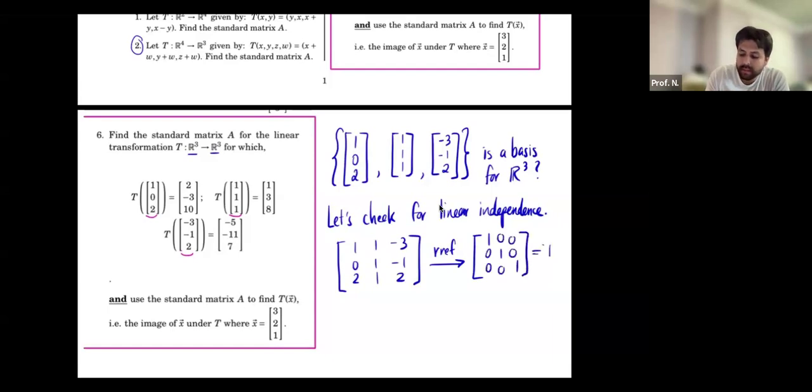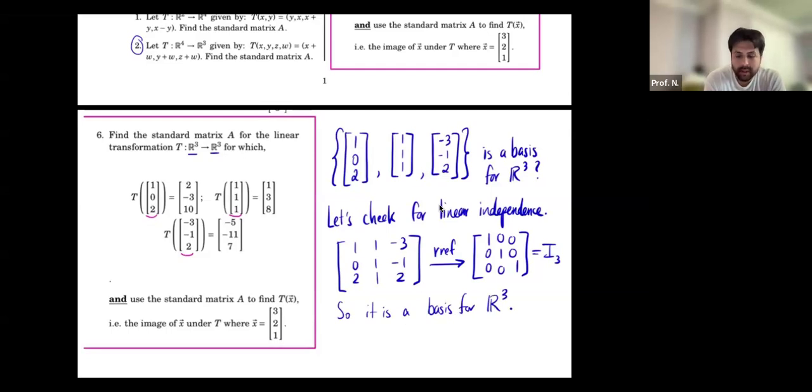I get the identity. So it is linearly independent. So if you have 3 vectors in a vector space of dimension 3 that are linearly independent, it's automatically a basis. So this checks out. So it is a basis for R3.